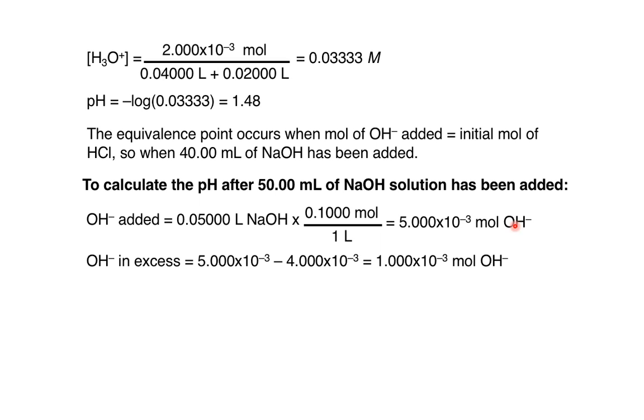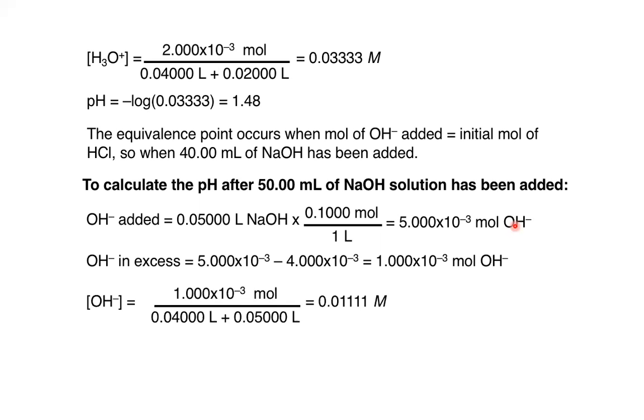So the OH- excess is equal to 5.000 times 10 to the minus 3 minus 4.000 times 10 to the minus 3, or a value of 1 times 10 to the minus 3 moles of OH- remaining. So we have 1 times 10 to the minus 3 moles of hydroxide in solution after that titration.